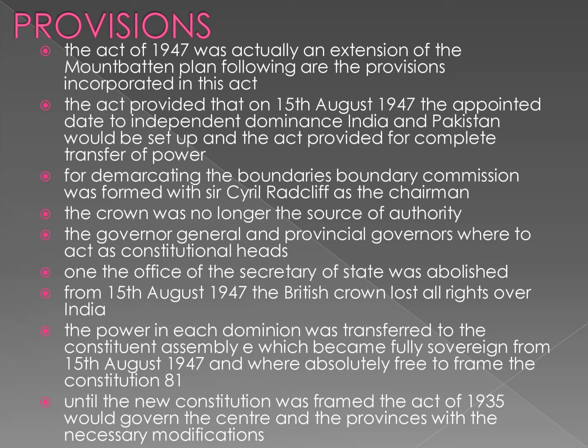The Dominion of India got the territory of Bombay, Madras, UP, Central Provinces, Bihar, East Punjab, West Bengal, Assam, Delhi, Ajmer, Coorg, and the rest of India except Sindh, Balochistan, West Punjab, East Bengal, and the Northwest Frontier Province, which became the territories of Pakistan.